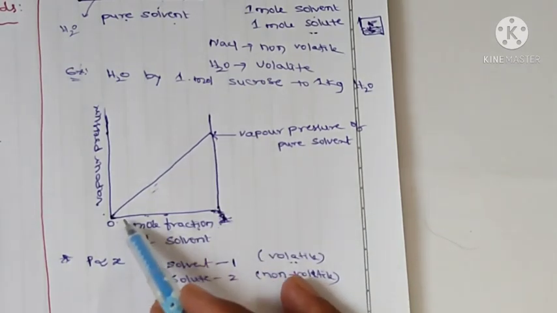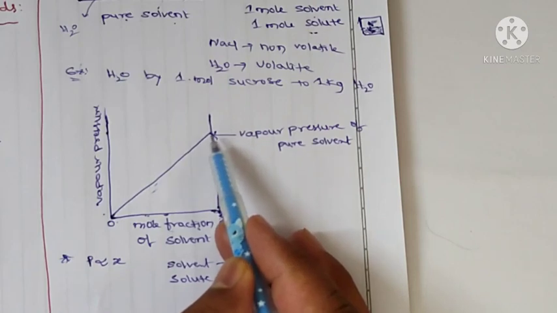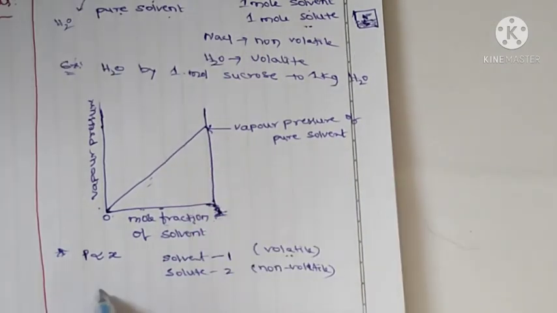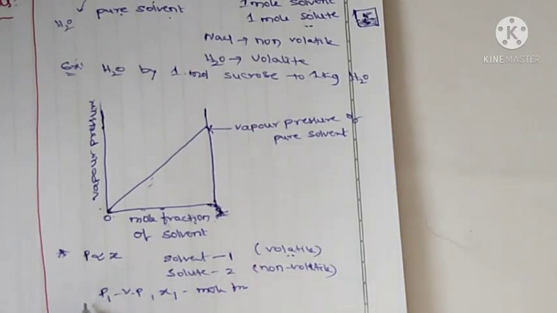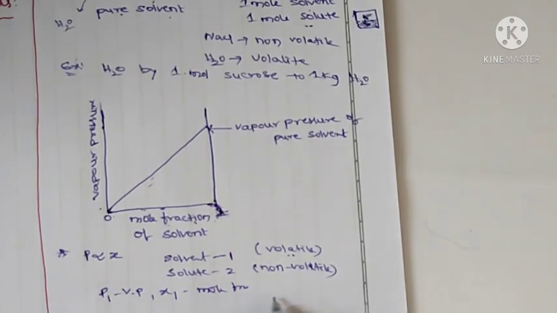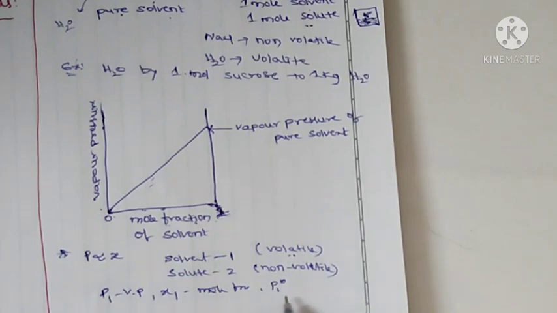If the mole fraction of solvent increases, then the vapor pressure also increases. Here P1 is the vapor pressure, X1 is the mole fraction, and P1 naught is the vapor pressure in pure state.